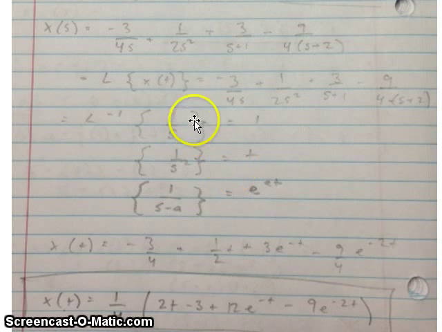So when we have 1/s, it's equal to 1. When we have 1/s squared, it's equal to t. And then 1/(s minus a), we get e to the at.